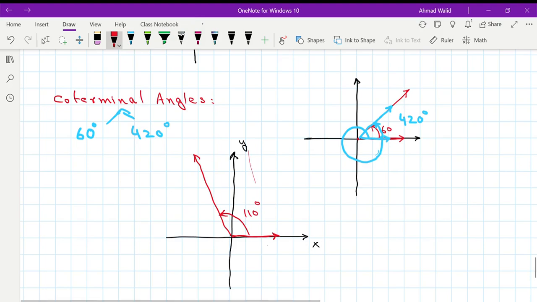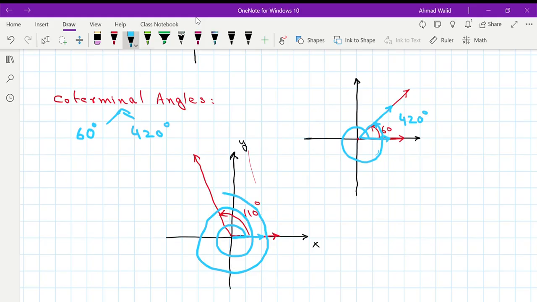Correct? Again, I'll use blue. I start again. This is my initial side, lies on the initial side of the given angle. If I do a full round of 360, correct, and go back another 90, correct, even I do 2 rounds, I'll do another 360, go back up and come here to the initial side. Now I will count how much I have.